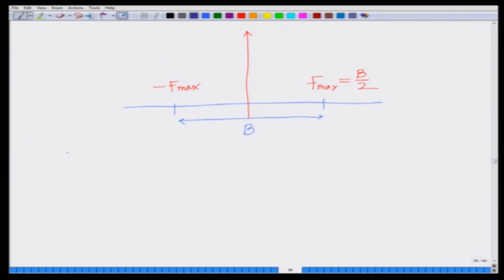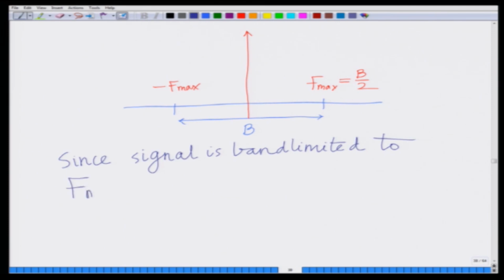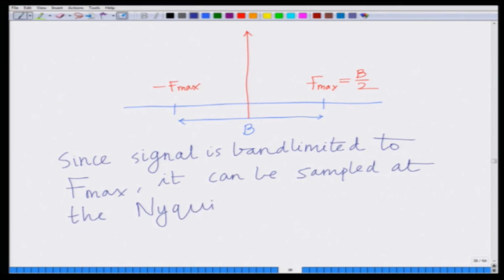Since the signal is band limited to f max, it can be sampled at the Nyquist rate.